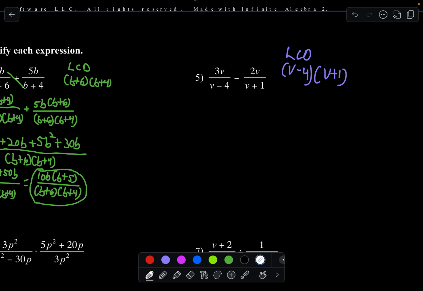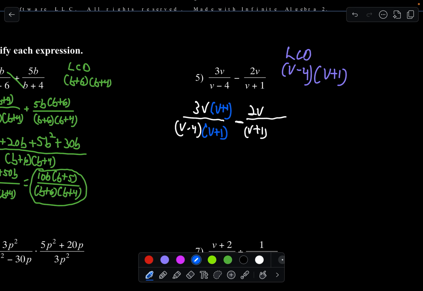So we're going to rewrite each of these fractions over the common denominator. Notice we had to add the v plus 1, so we have to add it to the top. And then it's minus 2v over v plus 1, which was already there.